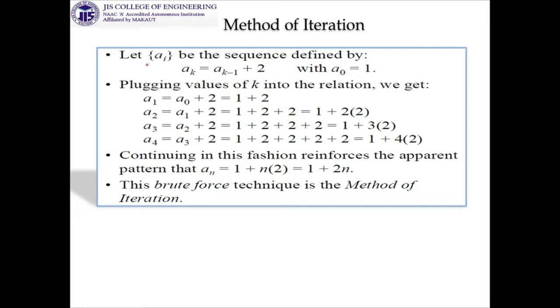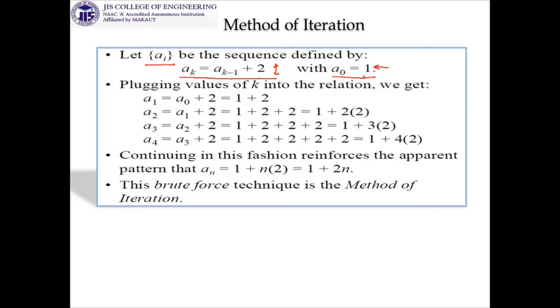We have ai as the sequence defined by the structure ak equals ak minus 1 plus 2. This is the relation given to us. The initial value is also provided: a0 equals 1.